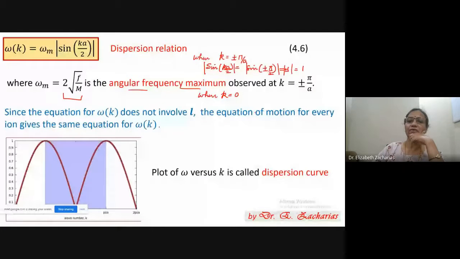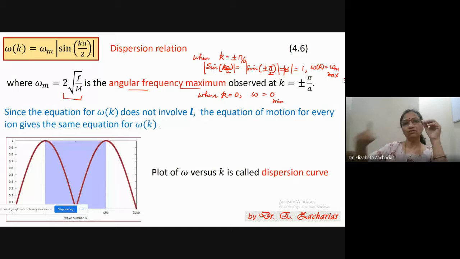When k equal to 0, omega is going to be equal to 0. So this is the minimum value and this is the maximum value. And you're seeing that there is a symmetry, 0 at the center, minus and plus.